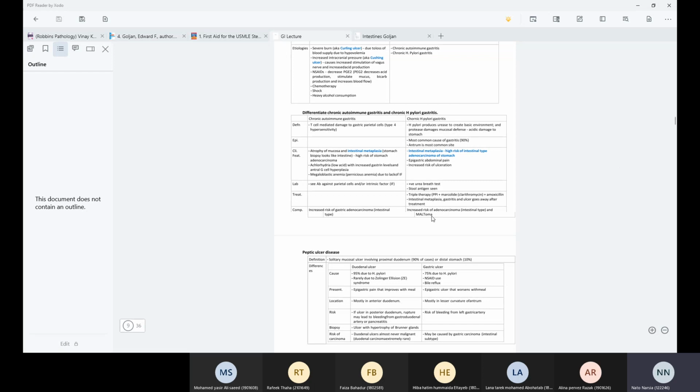In chronic gastritis, intestinal metaplasia is there, so you have increased risk of adenocarcinoma. But in Helicobacter pylori gastritis, you find this lymphoid hyperplasia as well, lymphocytic infiltration. And there, as a complication, there is increased risk of developing not only adenocarcinoma, but lymphoma.